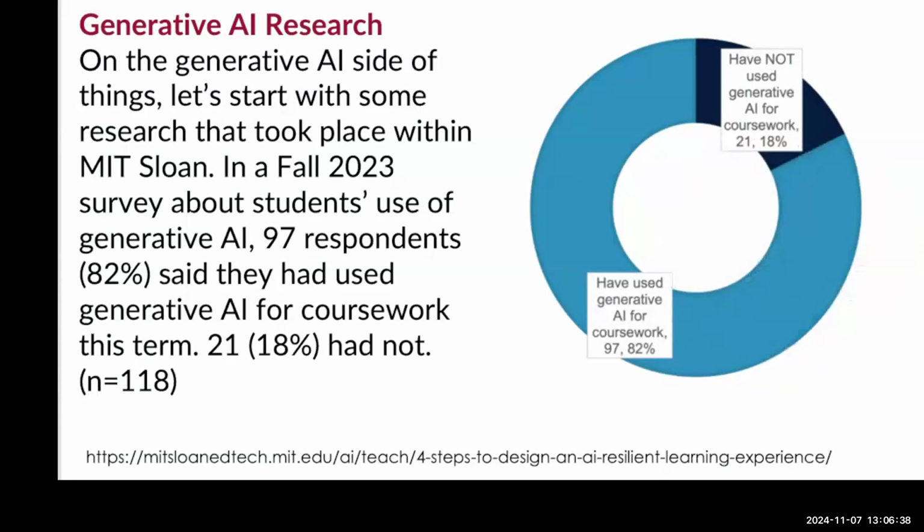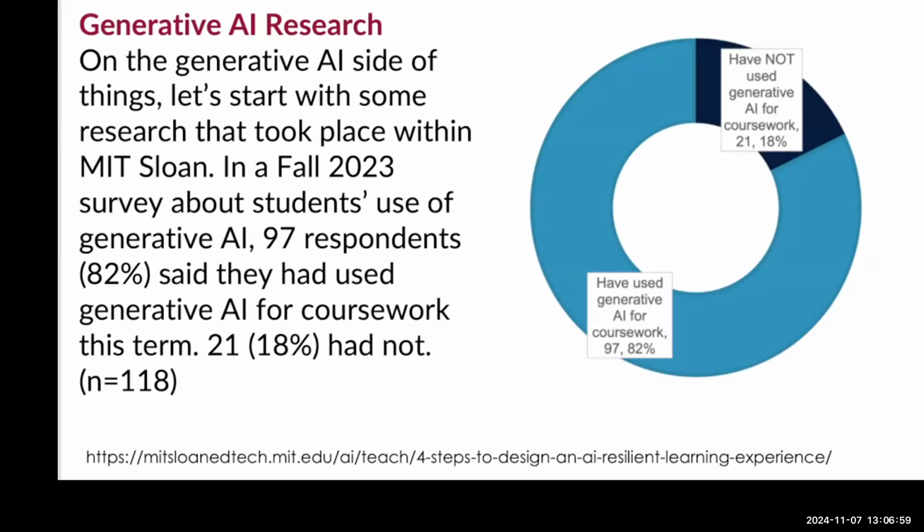You can see 97 percent use it for coursework. Some of you are using it to help you understand things better or differently. But we're seeing the vast majority of persons are using it.